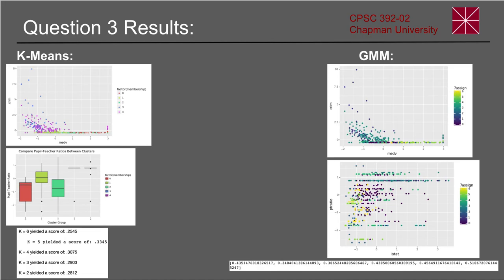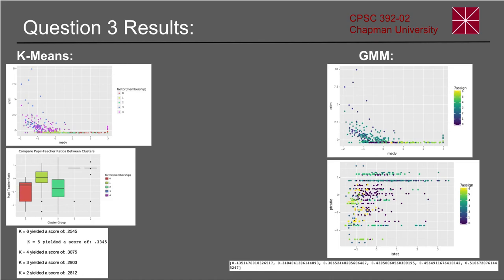As for the Gaussian mixture model, based off of the silhouette scores for each number of components, 2 through 7, the best was 7 components, which had a silhouette score of 0.5187. Again, not the best silhouette score, not the best cohesion or separation, a little bit hard to differentiate between the clusters, but as always, I would have hoped for a little bit better.